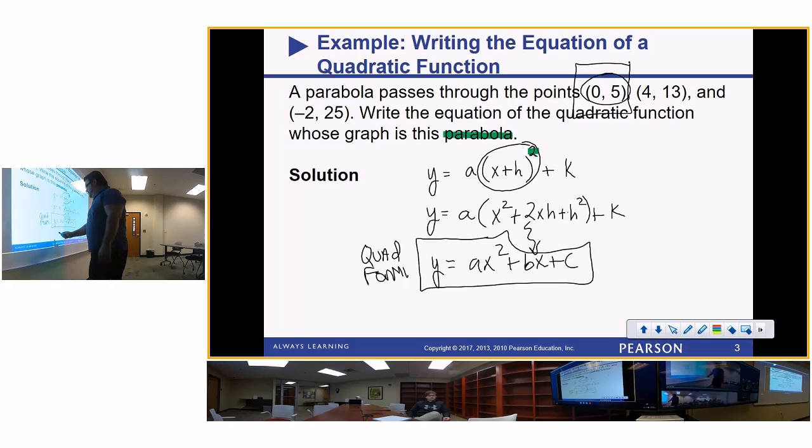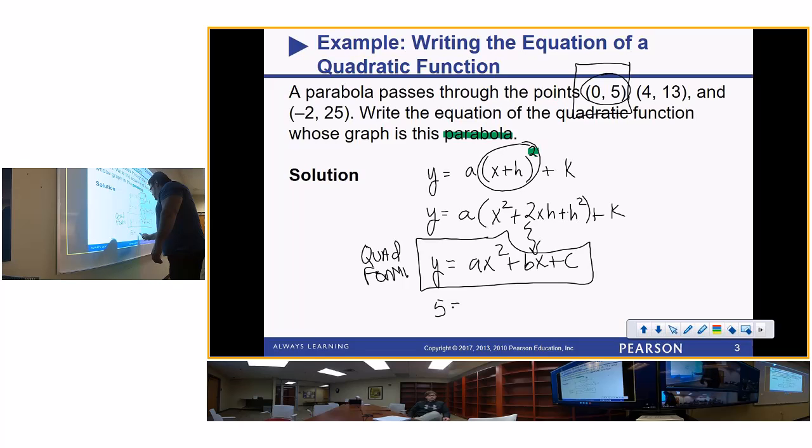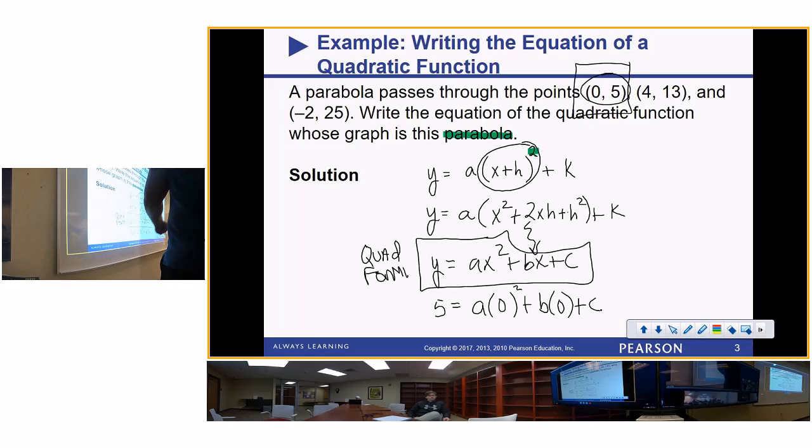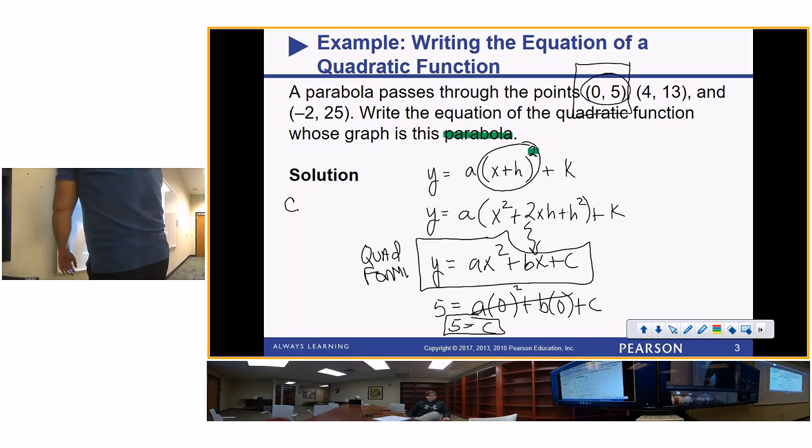So 5 is equal to a times 0 squared plus b times 0 plus c. So what happens to the a and the b term? We know that goes to 0, so c is equal to 5. So you need to write that down. c is equal to 5.